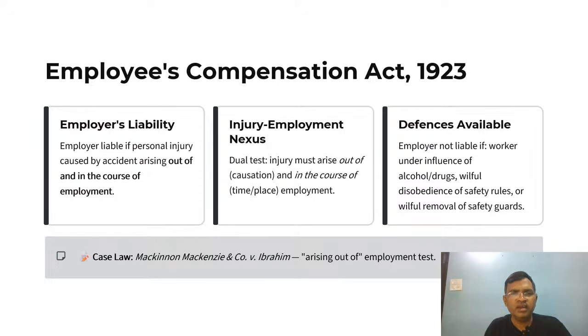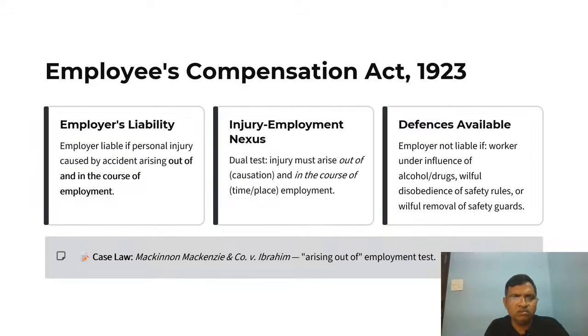Then the Employees Compensation Act 1923. What is this? Employer's liability. The employer is liable if personal injury is caused by an accident arising out of and in the course of employment.